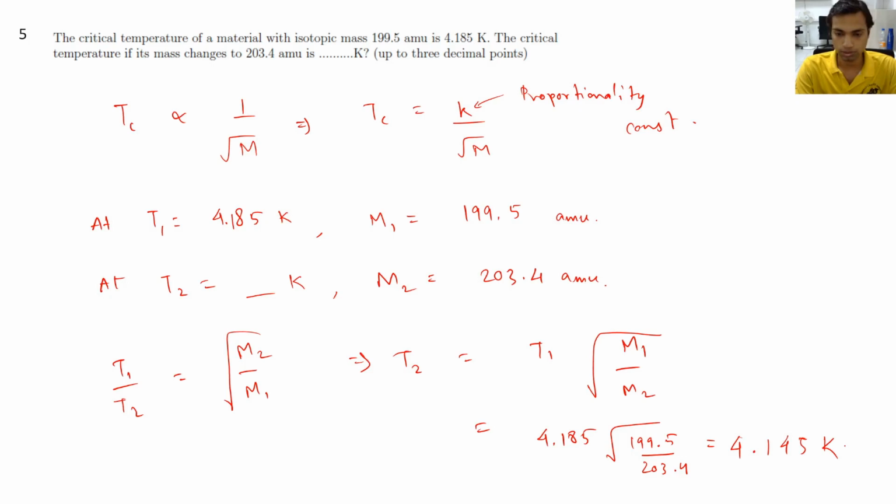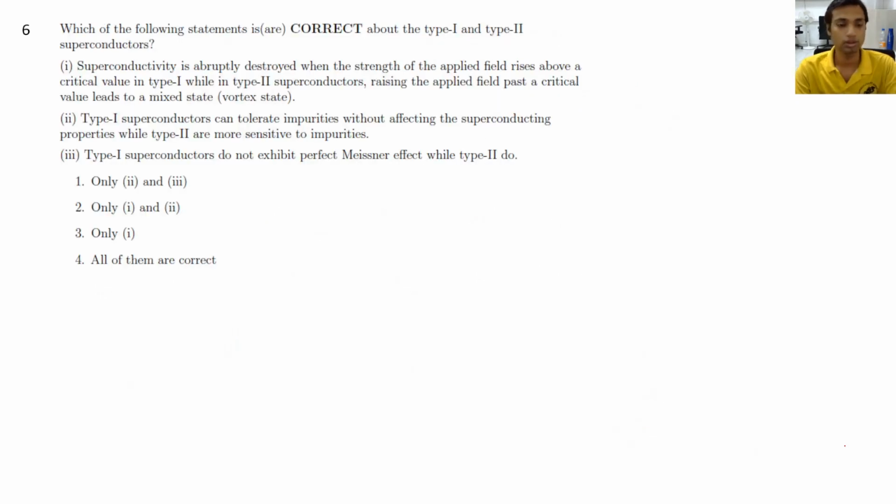Now let us go to the next question. Which of the following statements is or are correct about type 1 and type 2 superconductors? Superconductivity is abruptly destroyed when the strength of the applied field rises above a critical value in type 1, while in type 2 superconductors, raising the applied field past a critical value leads to a mixed state. So this is true.